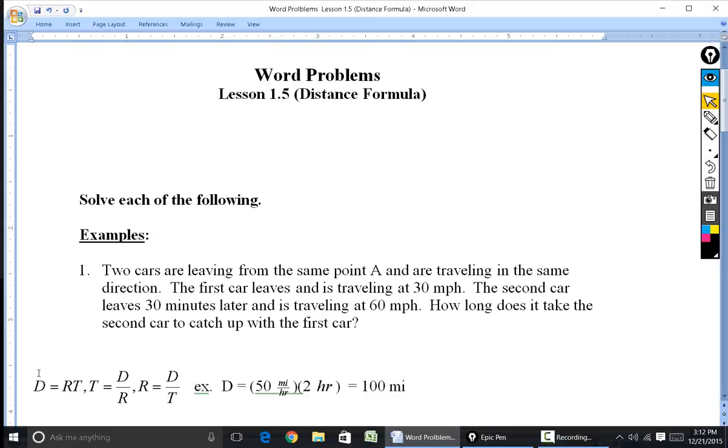So if you want distance, you need the rate of speed and the time. In the second form of the formula, all I did is I took the formula for distance and solved it for t. So time is equal to distance divided by the rate.